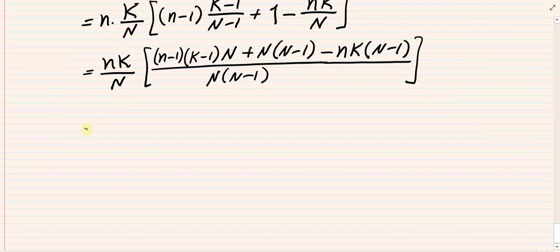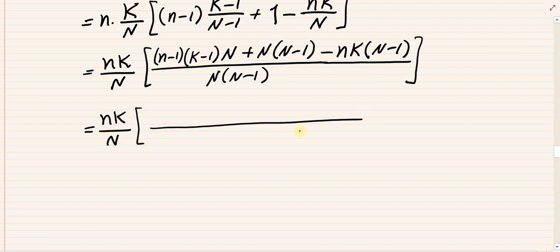So the upfront fraction is nk over capital N. Now I'm working inside the bracket. Here's the denominator, capital N minus 1.